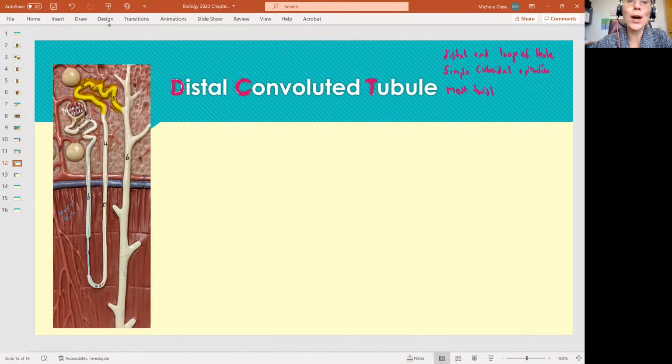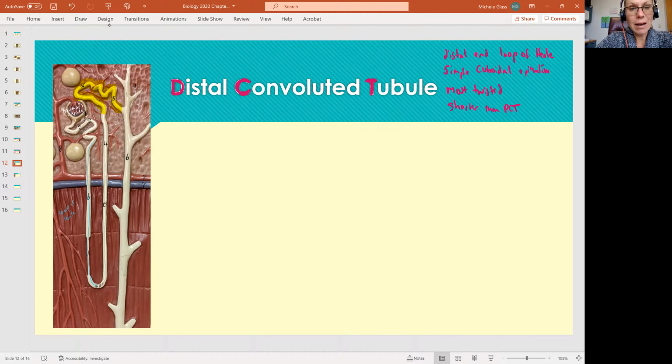So the most convoluted, and we'll see too that it's actually going to be shorter than the PCT. And again, in our diagram of our simple cuboidal epithelium, or in our model, there were no microvilli. So you might see a few, but it's way less than what we had in the proximal convoluted tubule.